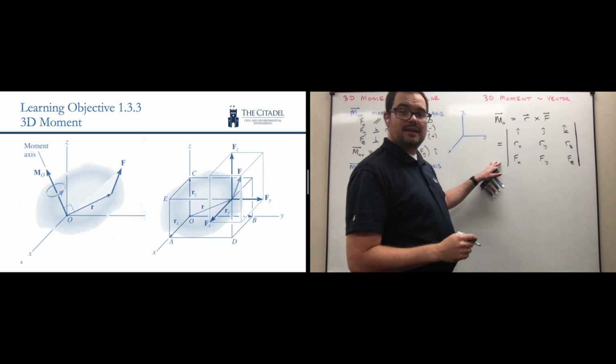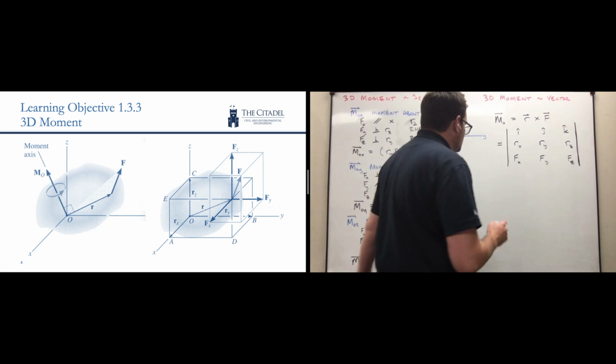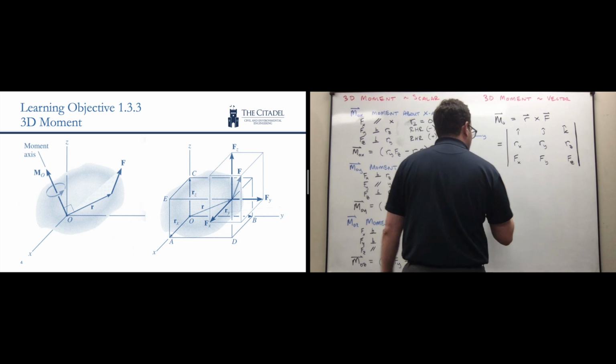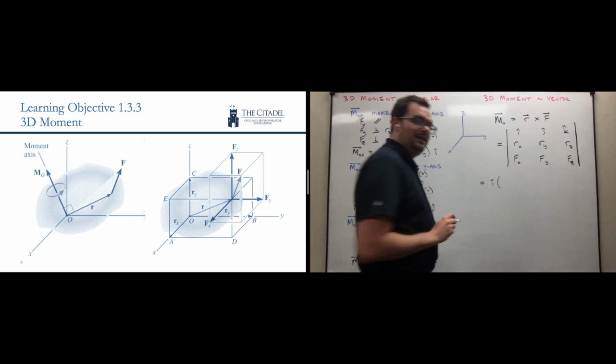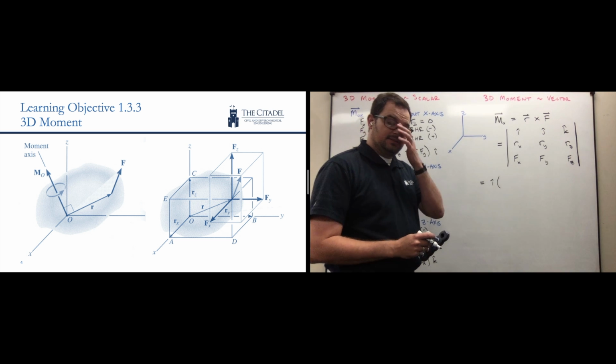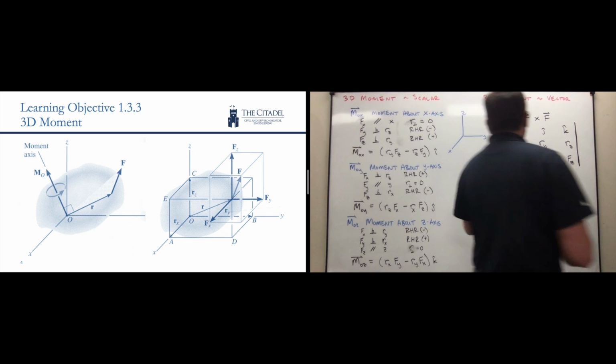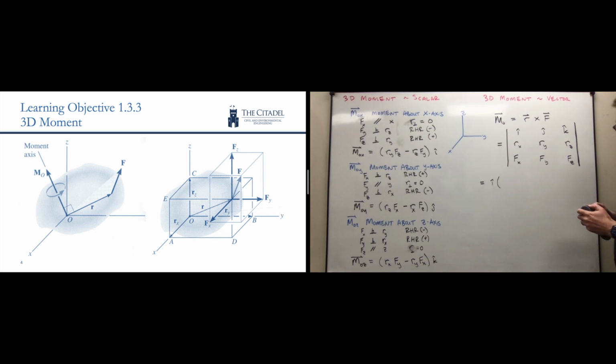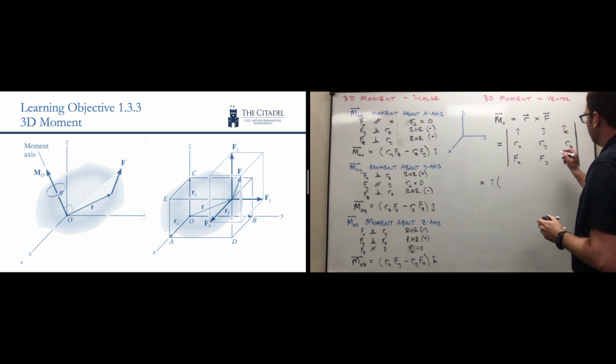So we've got this determinant matrix. Now we have to solve out this determinant matrix. The method that I like to use evaluates each column, a submatrix, for each one by itself. So if I'm looking at the I column, I'm going to cover up the I column. And then I'm going to determine the determinant of this little 2 by 2.